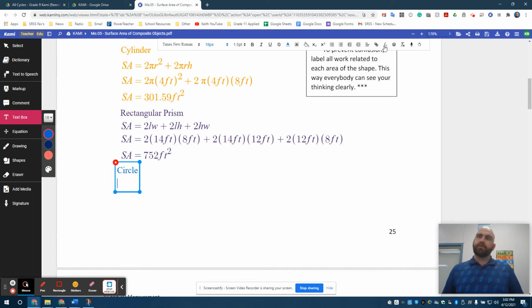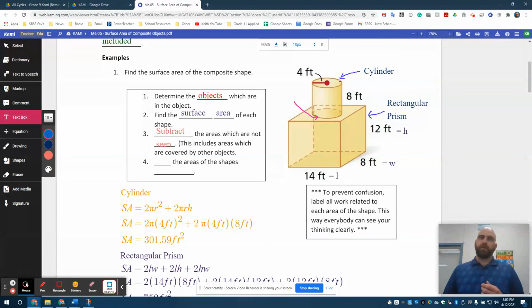The area of a circle is pi r squared. The circle that we're looking at here is this one right up here. This is the piece we have to take off.